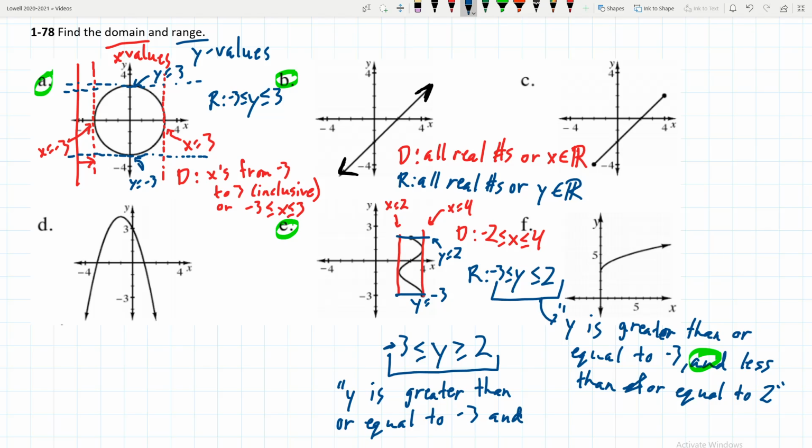And because this is one big sentence here, they go together. And greater than or equal to 2.